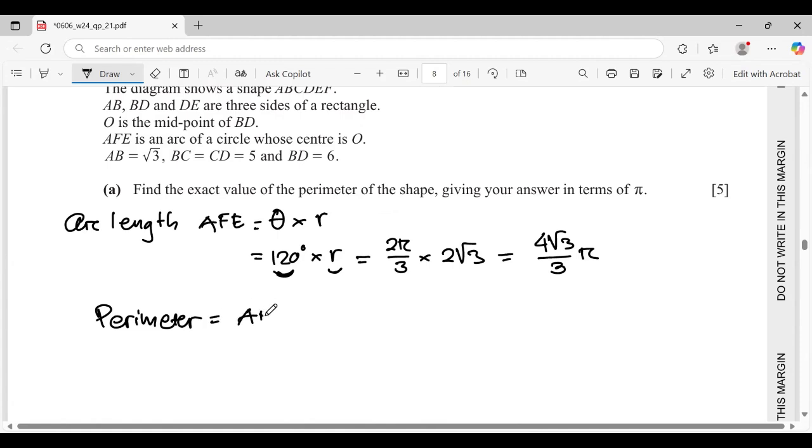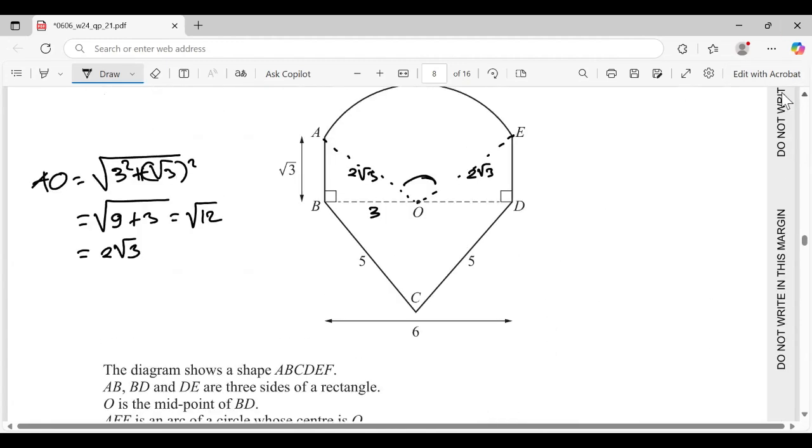equals AB plus BC plus CD plus DE plus arc AFE. So if you look at this diagram, it's AB plus BC plus CD plus DE plus arc AFE.